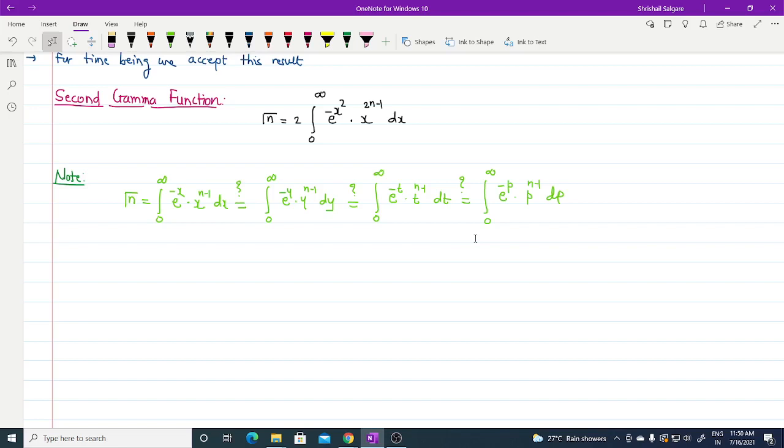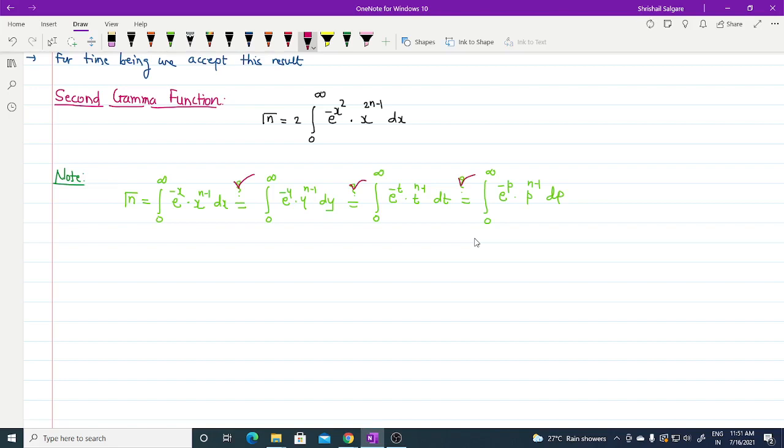This question is open to all. Yes, Yogesh says that yes, we can write it, because the property of definite integral says that a definite integral is independent of the parameter, whether you write t or y, whatever. So at the end all the integrals become equal.